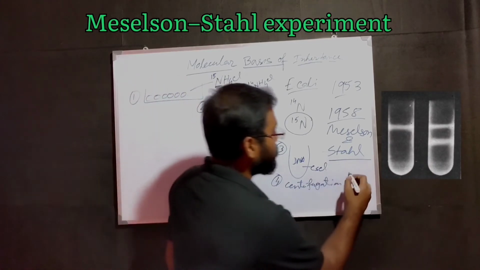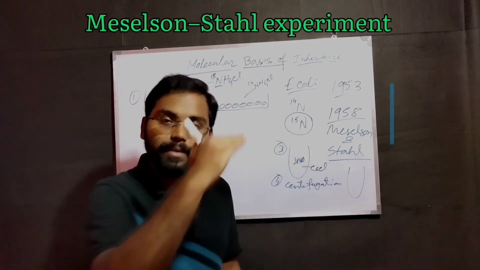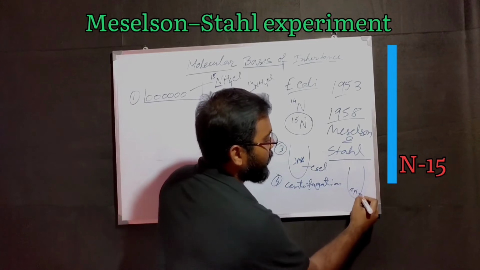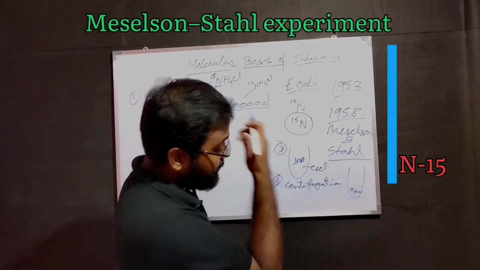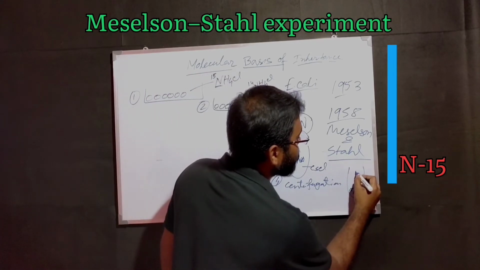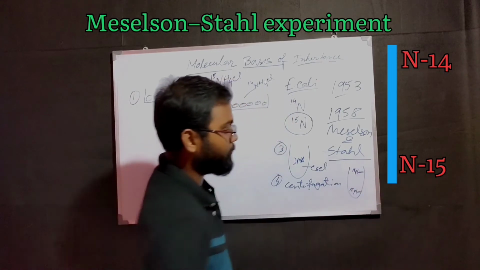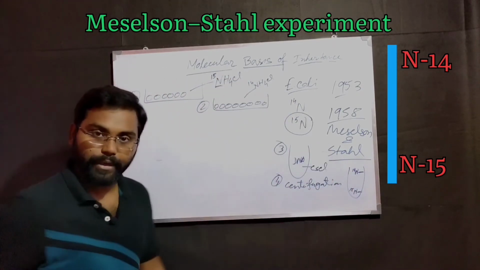In the test tube, after centrifugation, N15 will settle down as it is heavy, and produce a band here in the bottom, and N14 will be on the top, and produce a band here. This is the setup of their experiment.